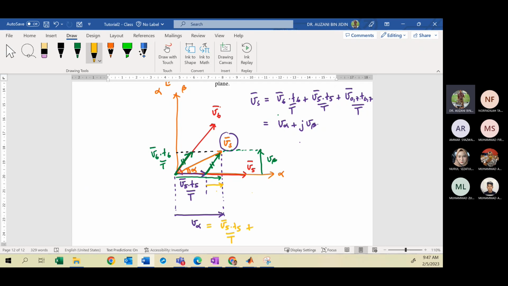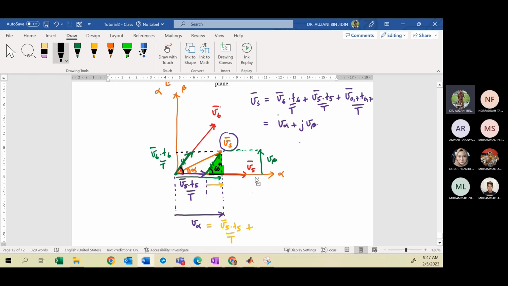So what do you need to apply? Cos function, right? Focus on this triangle. So you apply cos, right? So the angle difference here is what? Here will be 60 degrees. Same to here, right?